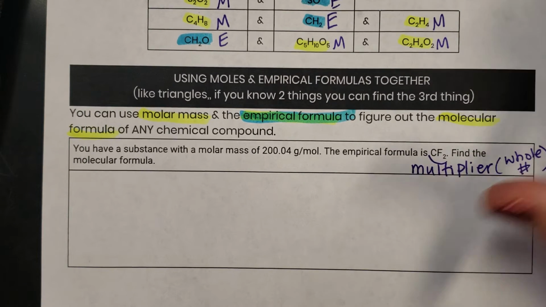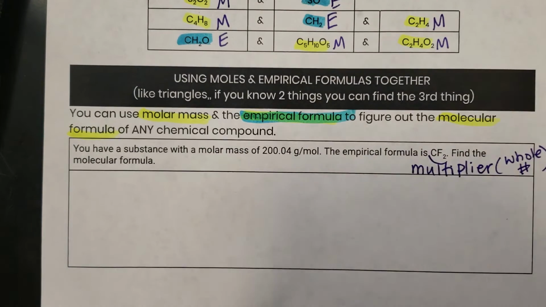All right, so our problem says you have a substance with a molar mass of 200.04 grams per mole. The empirical formula is CF2. Find the molecular formula, okay? So to find the multiplier, you're going to do two things.